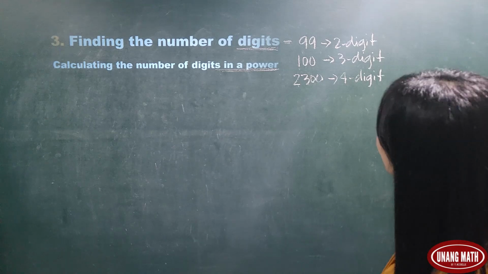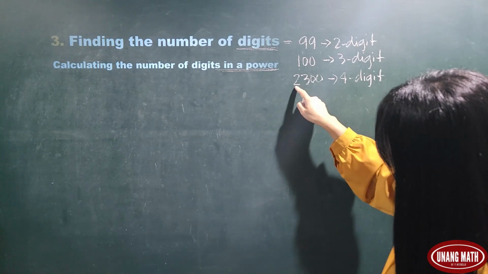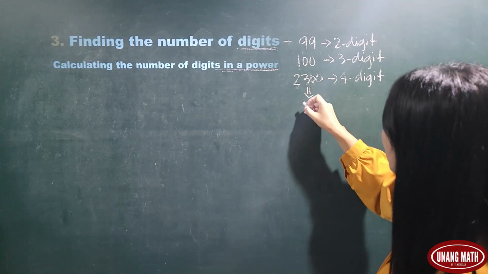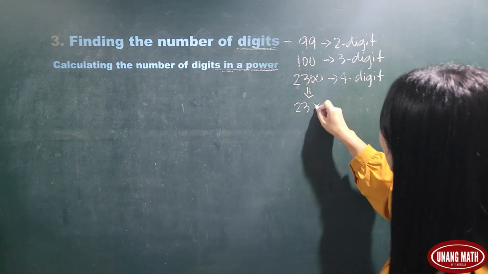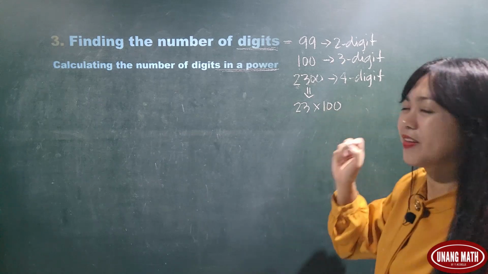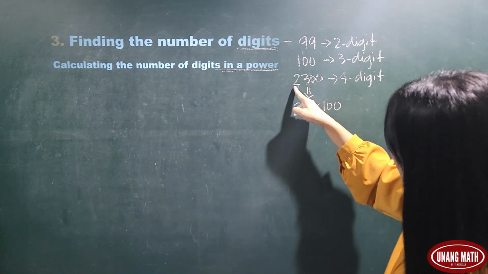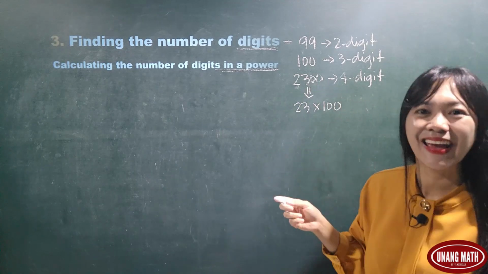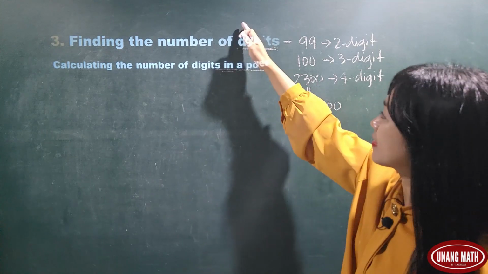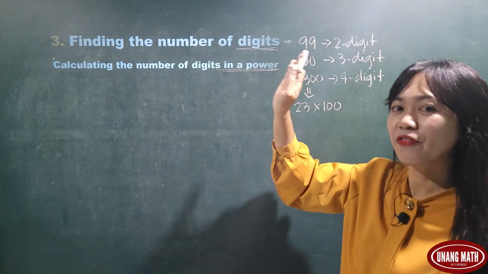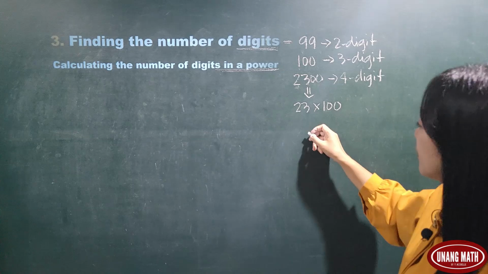If you take a look at 2,300, we can actually write this one as 23 times 100, because 23 times 100 is equal to 2,300. In this type of problem, we have to recall these concepts.